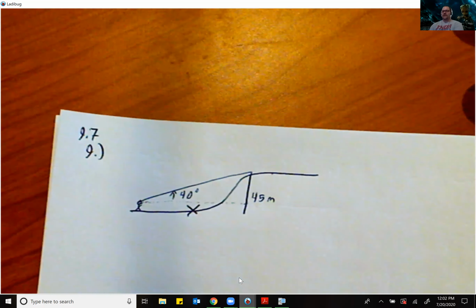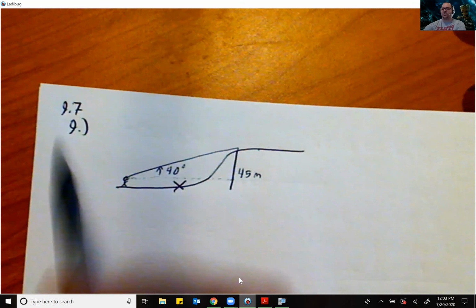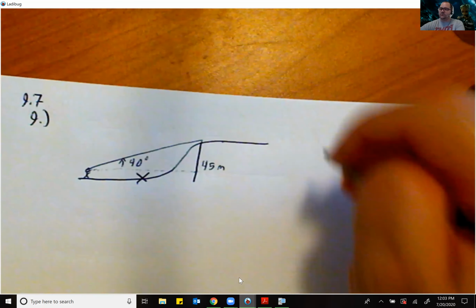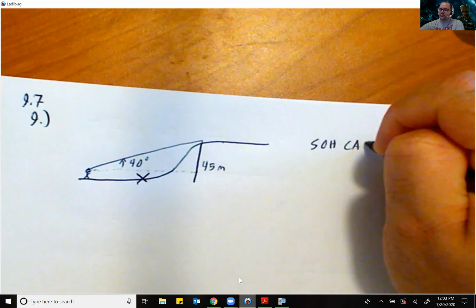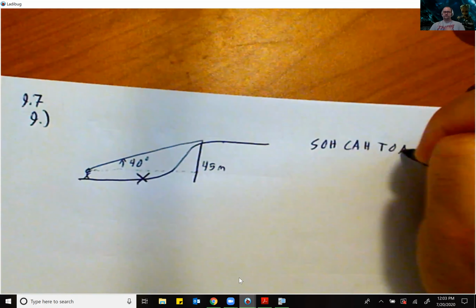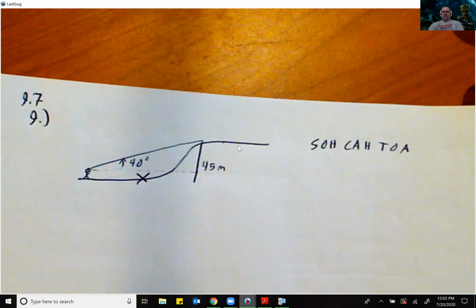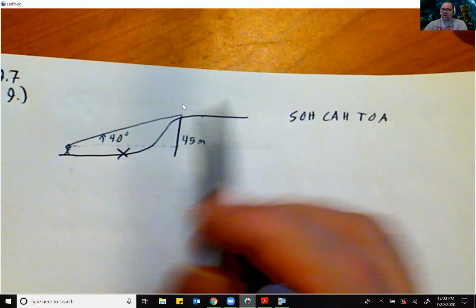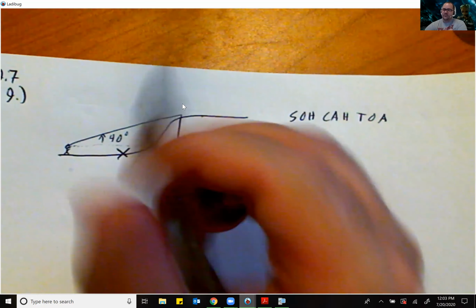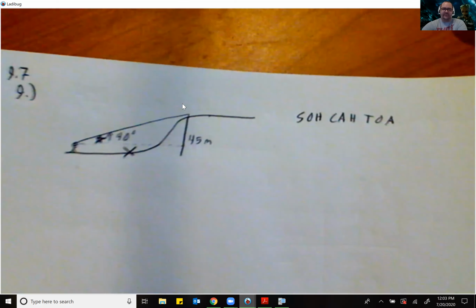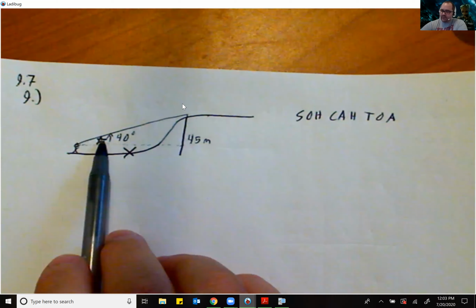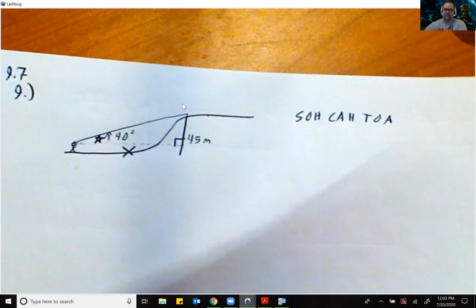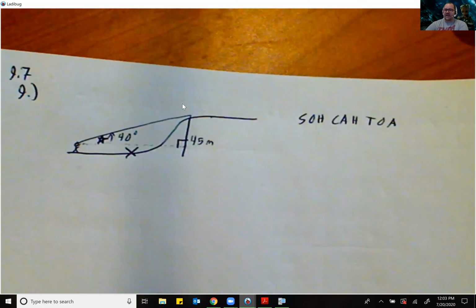All right. So in 9.7, remember this is your SOHCAHTOA. So with SOHCAHTOA, this is our base angle. Let's name everything according to that. So based off of this, here's my right angle right there. Who is this guy?